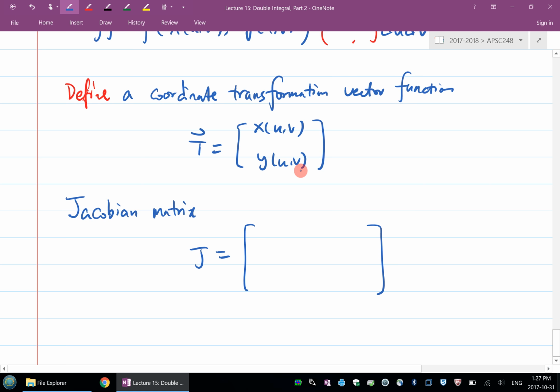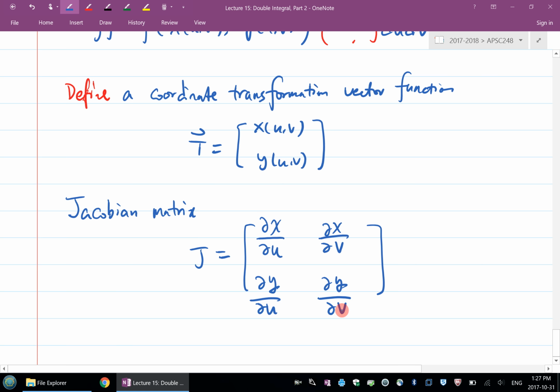The first row is partial x over partial u, and then partial x over partial v. The next row is partial y over partial u and partial y over partial v. This is called a Jacobian matrix. Very useful.